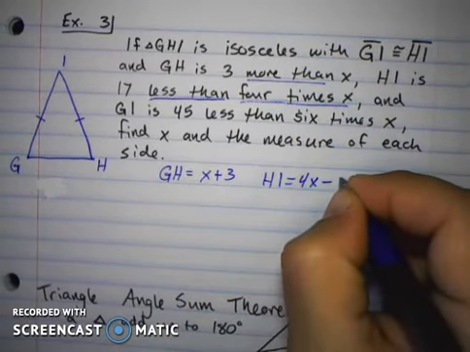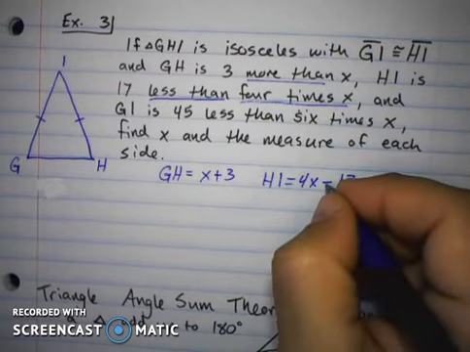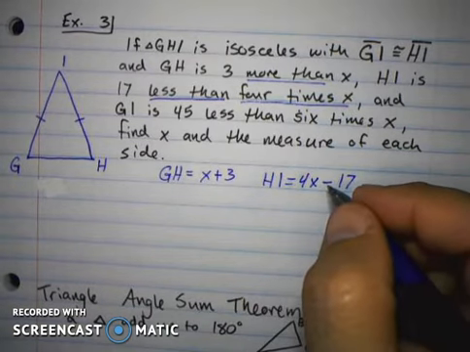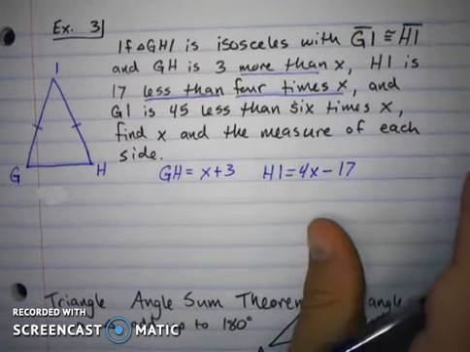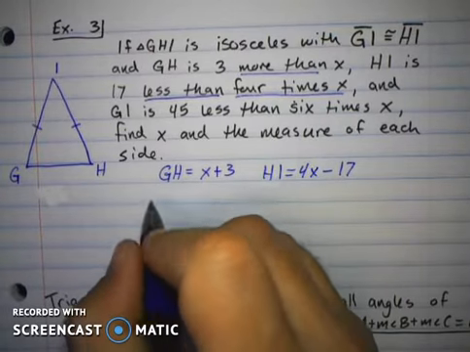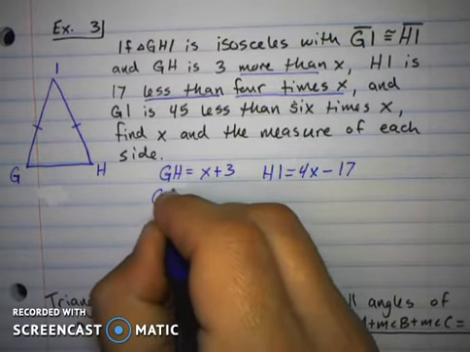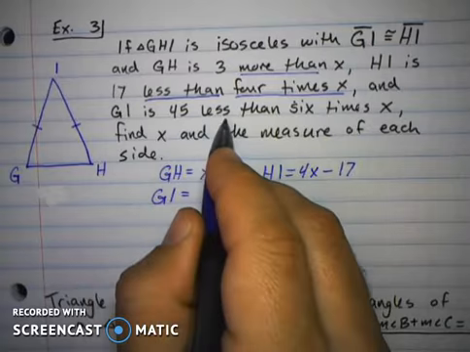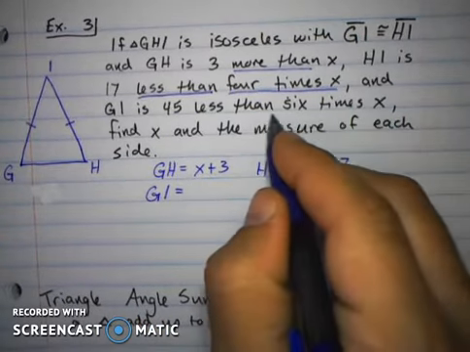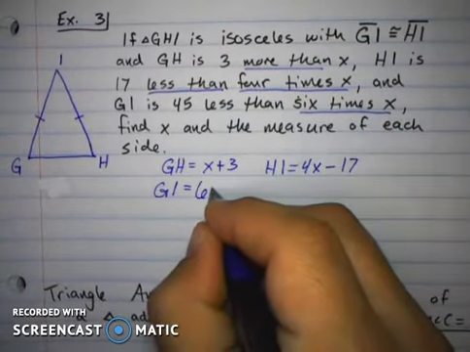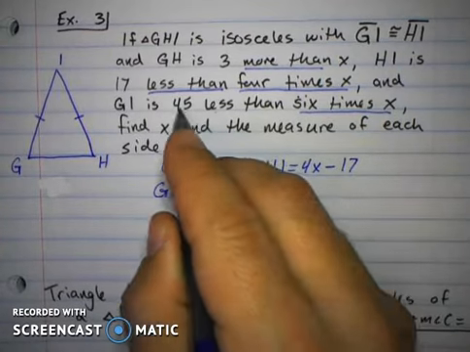So that'll be minus 17. You have to do the minus 17 after the 4X. And then GI is 45 less than 6 times X. So once again, we do the 6 times X first, then minus 45.